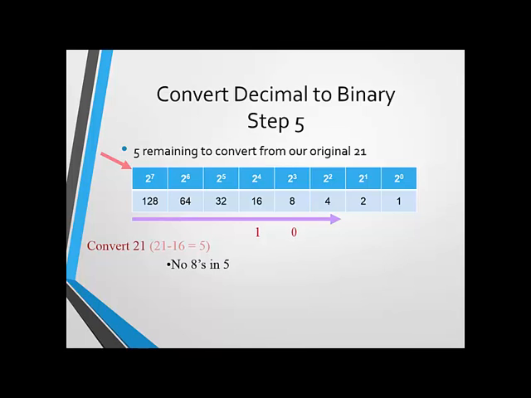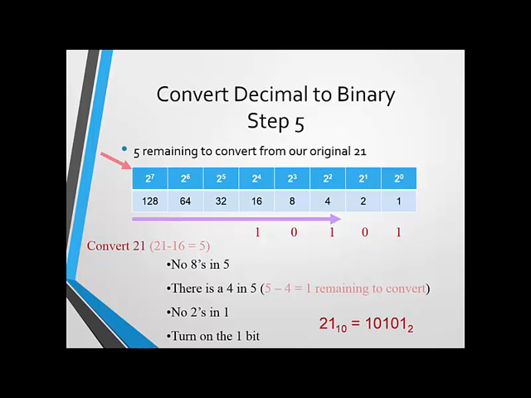No 8s go in 5, so I'm going to put a 0 in that column. There is a 4 in 5, so I can turn on my 4-bit. Now, out of the 5 I had, that accounts for 4 of those, so I only have 1 remaining to convert. So, no 2, but I do want to turn on my 1-bit.